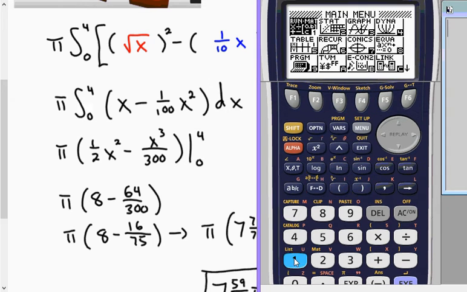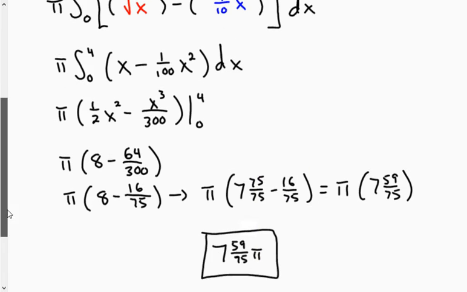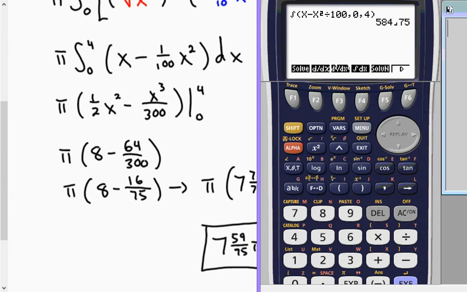So I'm going to go to the main menu, and I'm going to go to Options, Calculate, Integrate, and I'm going to do x minus x squared over 100, and ask the calculator to do it from 0 to 4. It gives 584 over 75, which I've got a feeling is 7 and 59 over 75, but let's check.